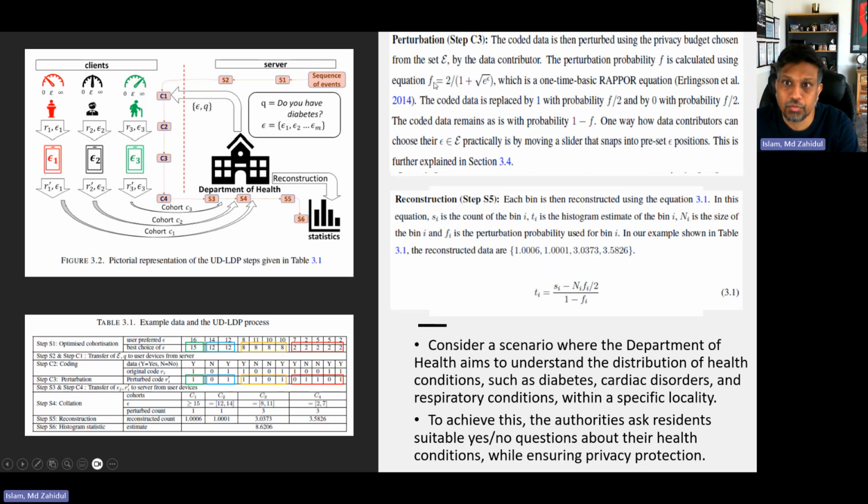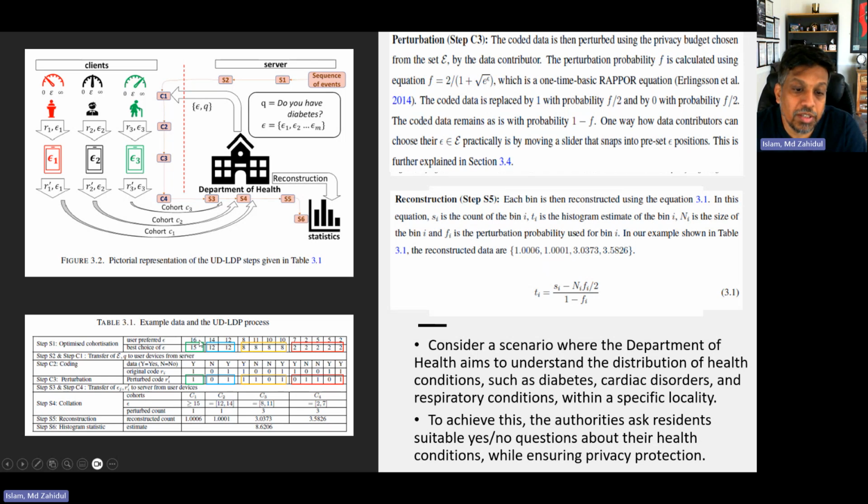We will get an F that is pretty high because the epsilon is low, and then 1 minus Fi. I is the ith cohort, so for C4, i will be 4. We will get an estimate, and that Ti value will be 3.586. Once we get all these reconstructed counts, we can finally calculate the final count, which will be 8.6.